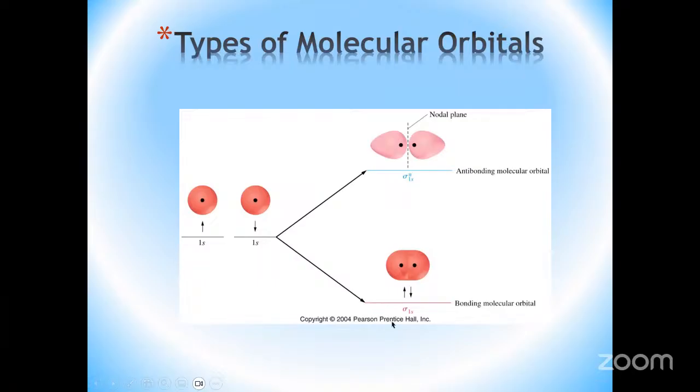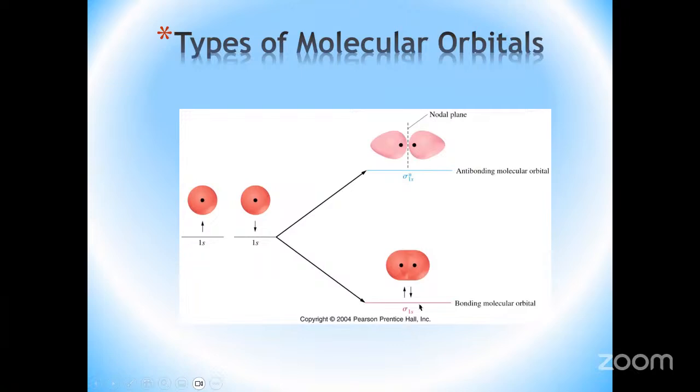Now, the bonding and anti-bonding molecular orbitals have some special designations associated with them, right? Of course, we're familiar with the fact that over here we have the 1s orbital. Well, this orbital here, which is a bonding molecular orbital formed as a result of the combination of these two, is called a sigma orbital, and more specifically, sigma 1s, right?